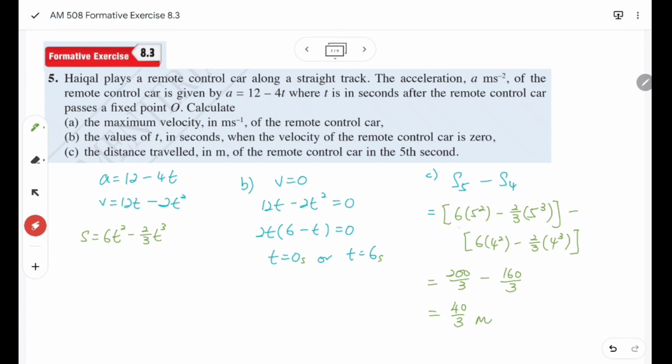Alright, so the function of S, displacement here, we just substitute t with 5, and minus the t with 4. We get 200 over 3 minus 160 over 3. So we get positive 40 over 3 meters. That is the distance traveled by the remote control car in the 5th second.